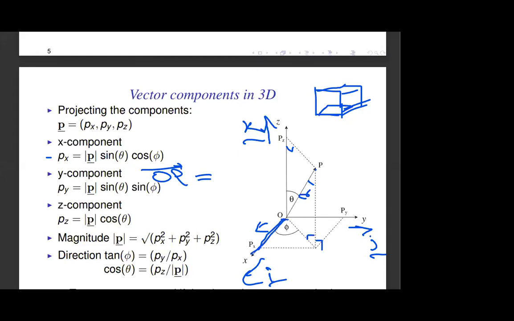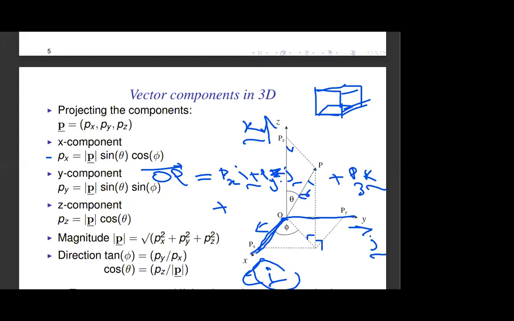This magnitude is Px, times the unit vector i, plus Py times the unit vector j, and the other one is Pz times k.